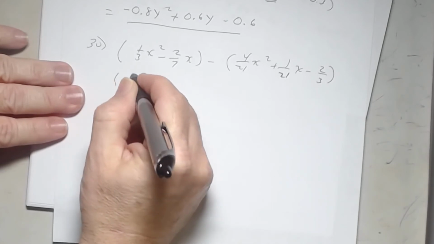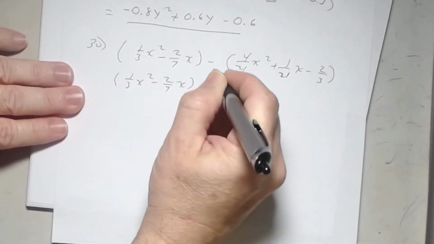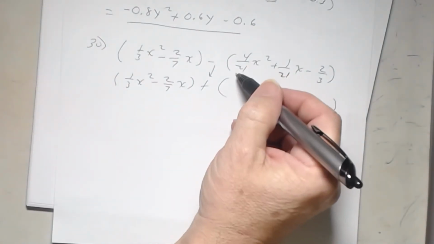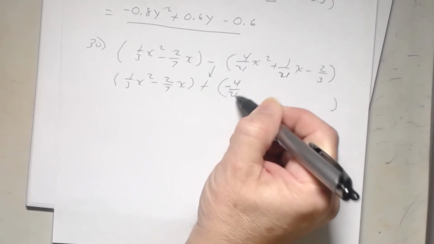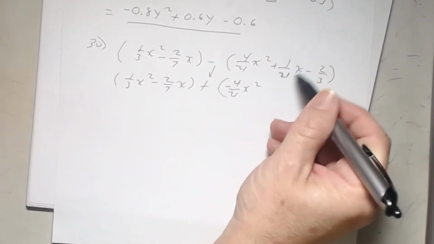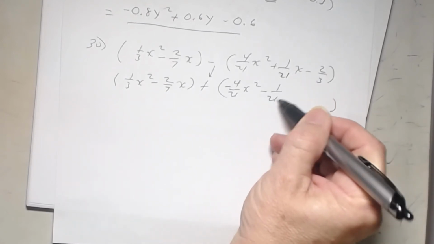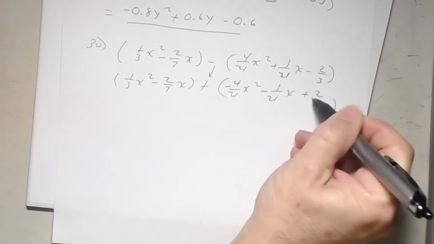So the first polynomial stays the same. Then I'm going to add the opposite. So 4/21 x squared becomes a negative. A positive 1/21 x becomes a negative. And a negative 2/3 becomes a positive.